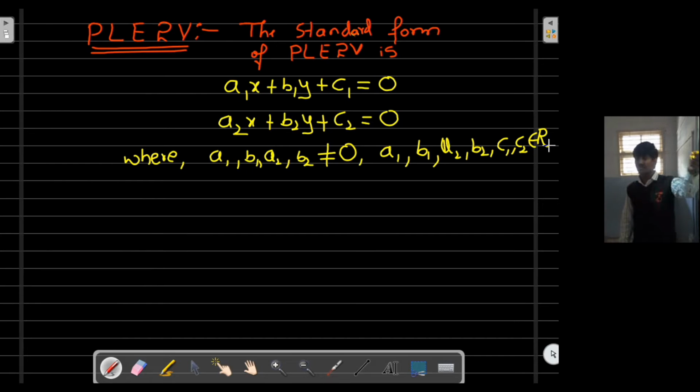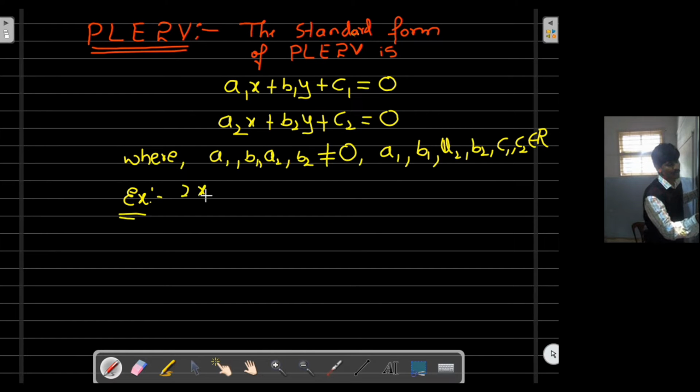We already discussed linear equations in two variables in 9th standard. For example, 2x minus y is equal to 5. Is this a linear equation in two variables? Yes.